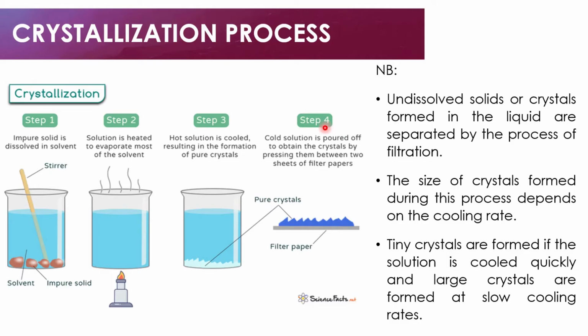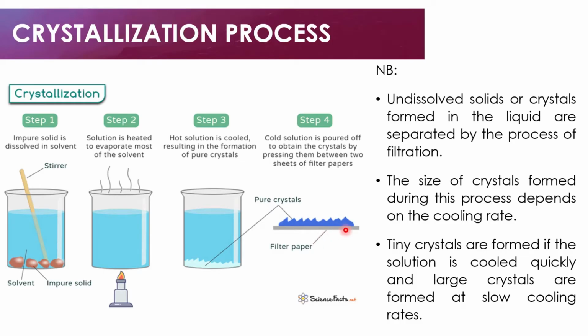And the fourth step is that the cold solution is poured off to obtain the crystals by pressing them between two sheets of filter paper. So these are our pure crystals on our filter paper as seen over here nicely.